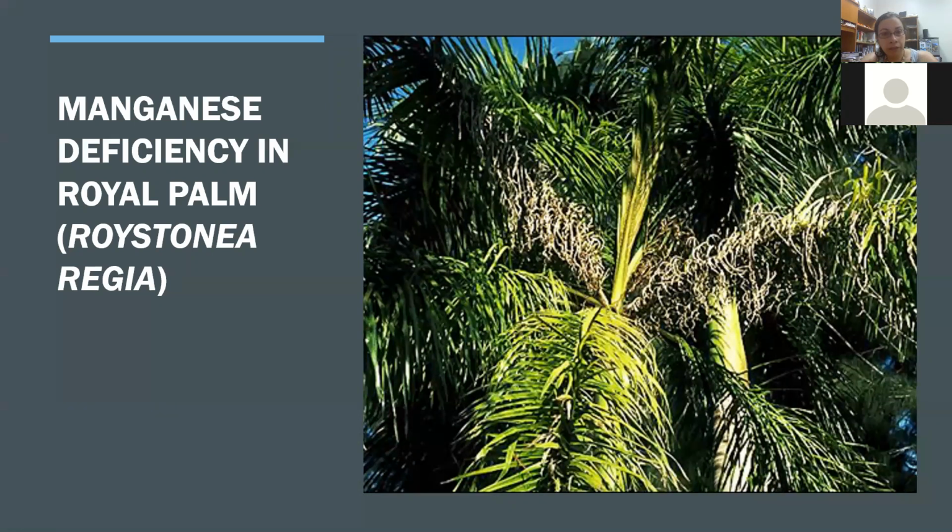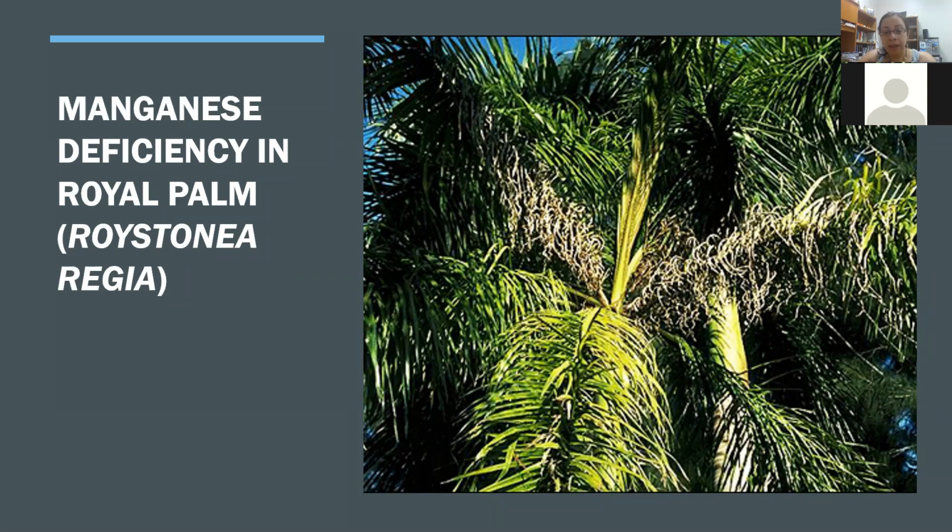One thing to consider here as well is that you're not seeing this in the brand new growth or those spikes that are coming up. You're seeing it in growth that's already come out a little bit, because there are specific diseases that are associated with having the new growth spikes actually being brown.